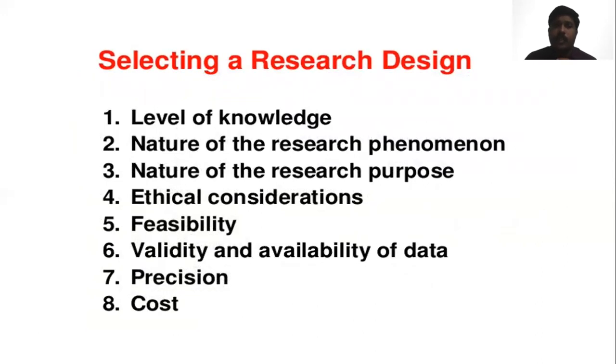So there are so many parameters to choose a research design. The important things have been listed here. One is level of knowledge. Second one is nature of the research phenomenon. Then nature of the research purpose, ethical considerations, feasibility, validity and availability of data, precision and cost.